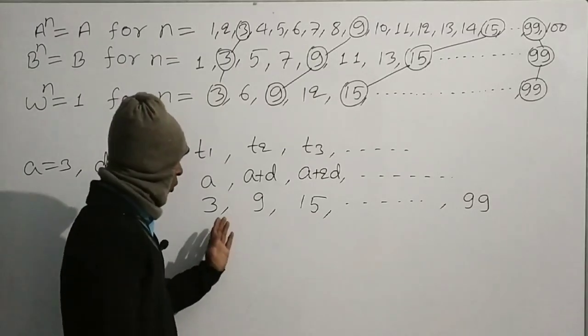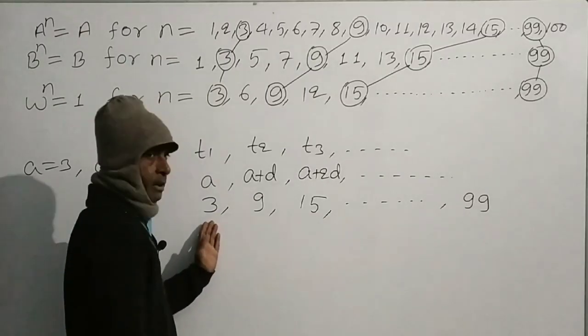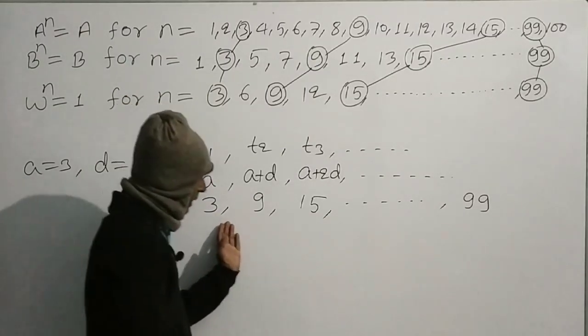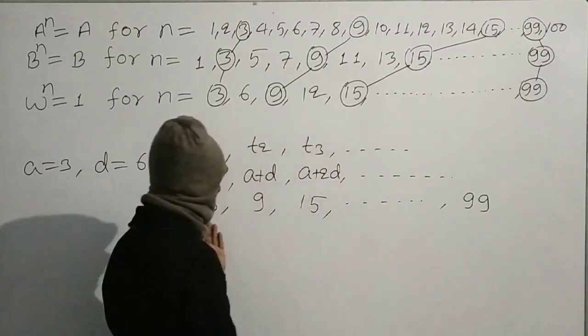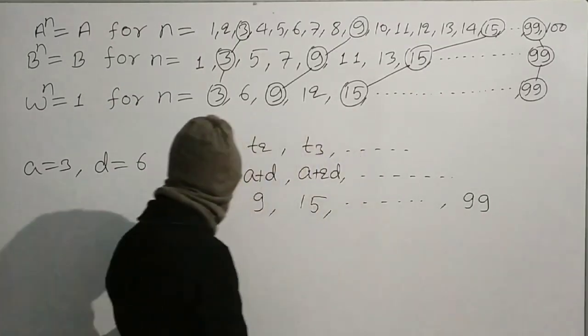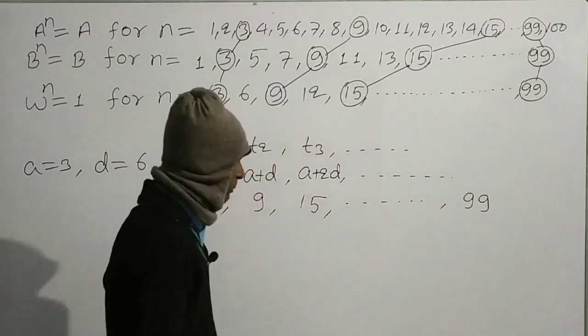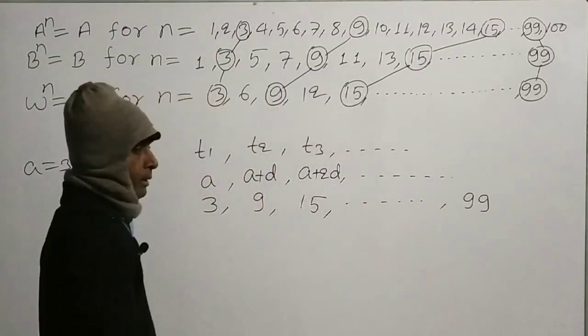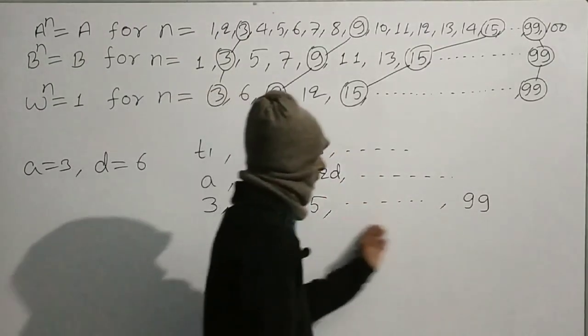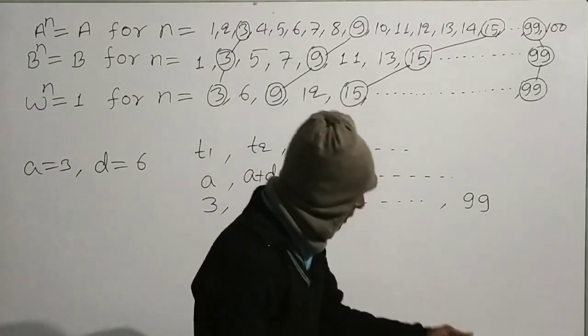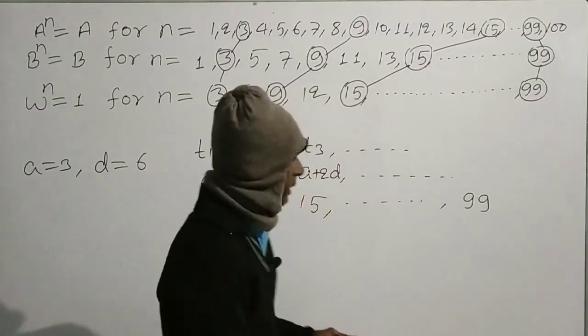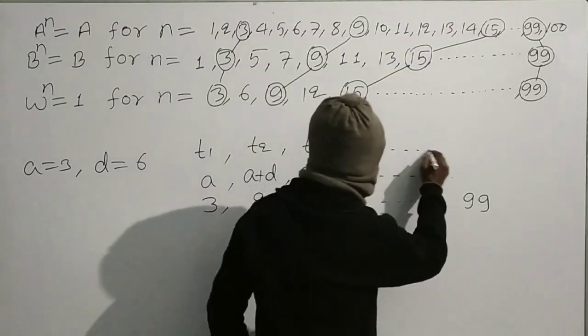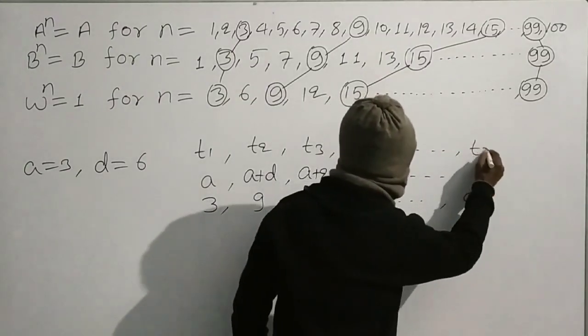Now we want to know how many numbers are there in this AP. Suppose there are R terms in this AP, then TR will be the last term.